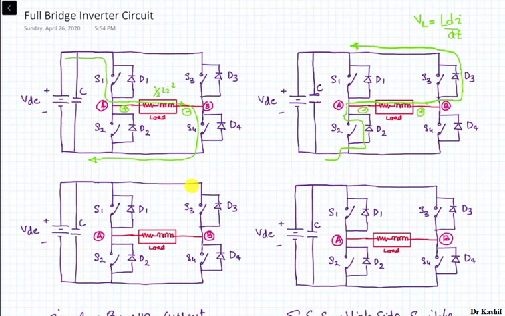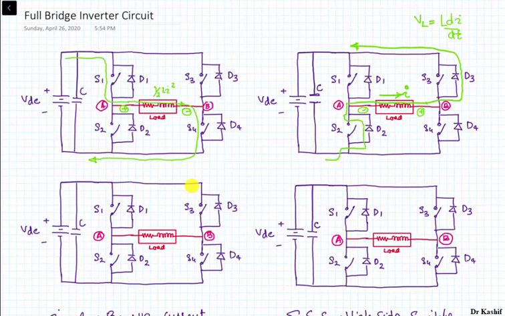So the direction of the current is positive because it is going to flow from terminal A towards terminal B. But now the current is going to flow through these two diodes, D2 and D3. So at that instant of time, the energy that was stored in the inductive load is being delivered back to your source.